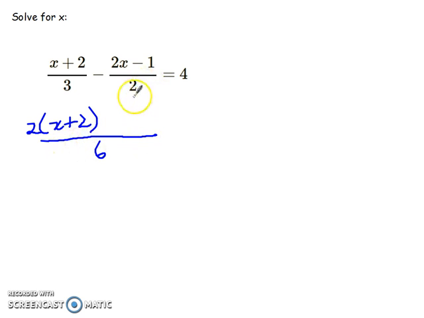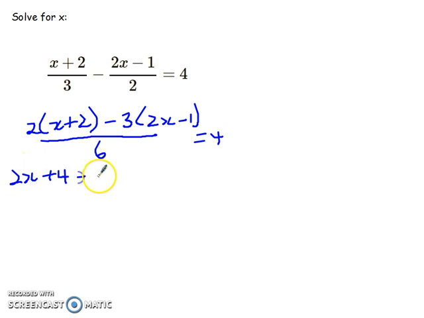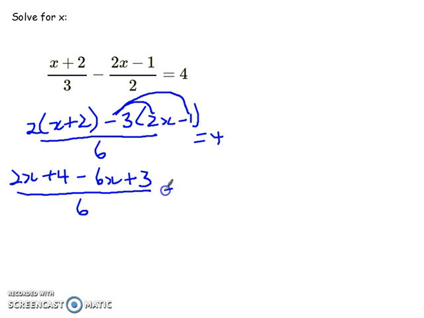In my second fraction, I've multiplied the denominator by 3, so I need to multiply my numerator by 3. Expanding brackets up the top. Be careful. Minus 3 times 2 is minus 6x, but minus 3 times minus 1 is plus 3. Be careful there because that's an easy mistake to make.